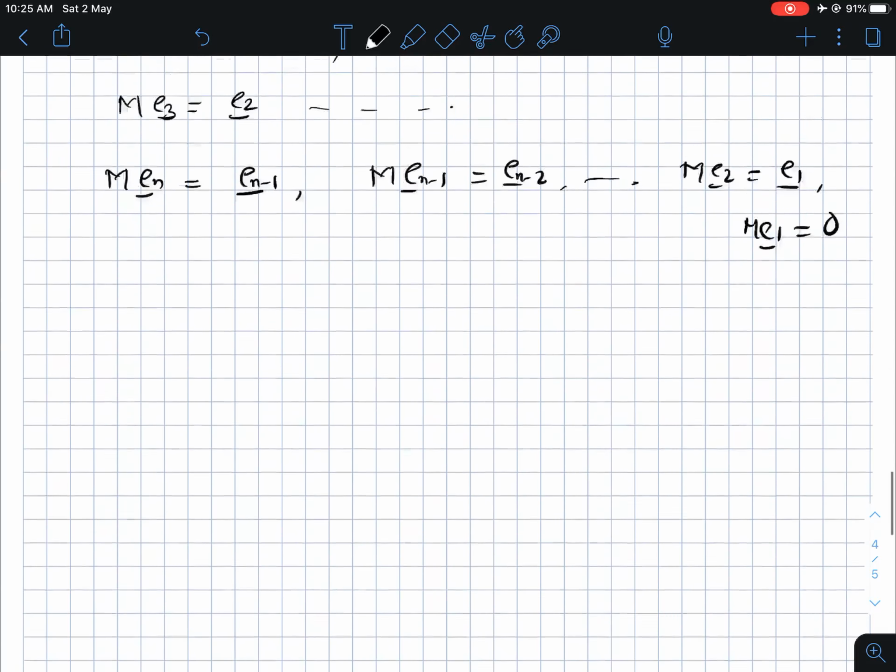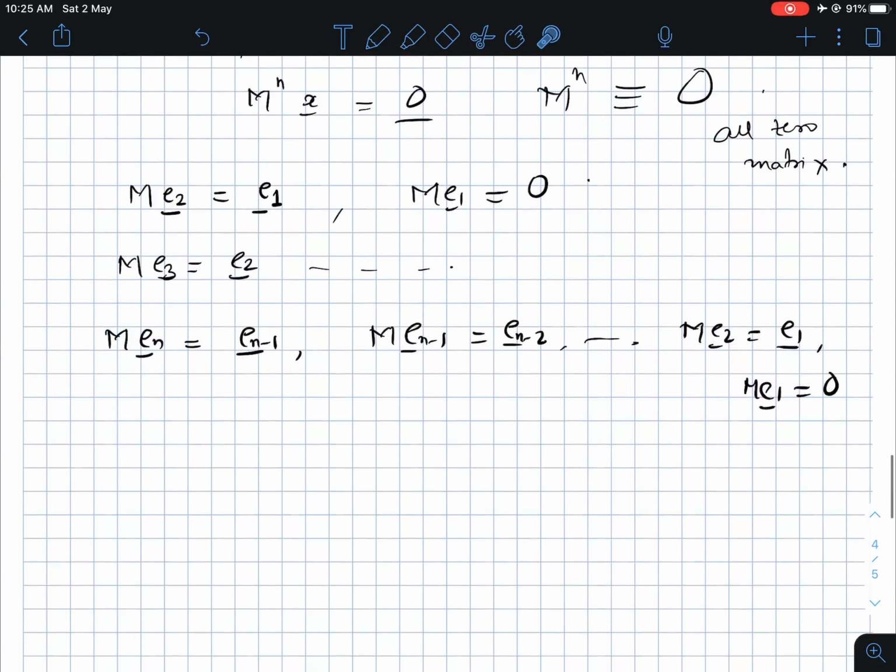So in some sense what is happening here is basically the shift operation. It's the shifting that is going on in this matrix. Sometimes people draw a chain like this. Whenever you apply m to any element of the chain, you end up one step to the right. So if you do m of en, you get en minus 1.